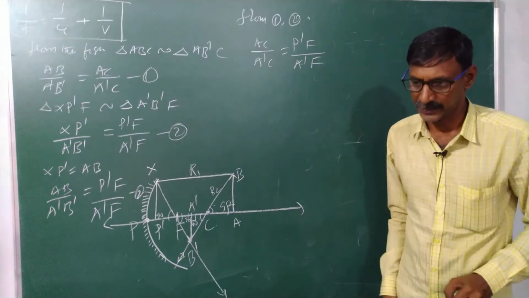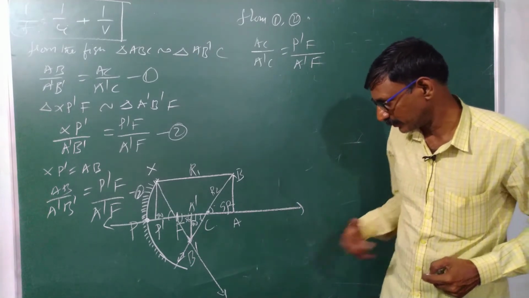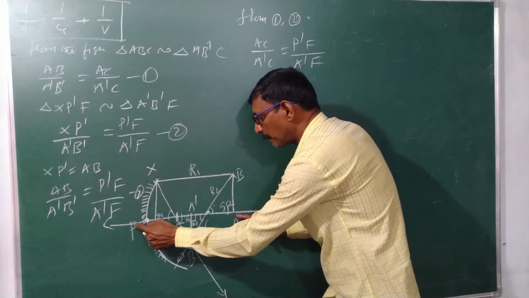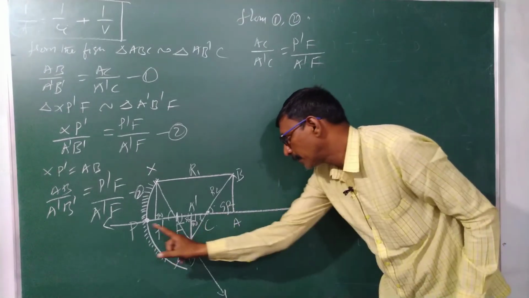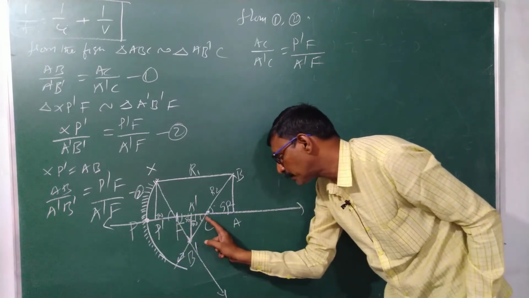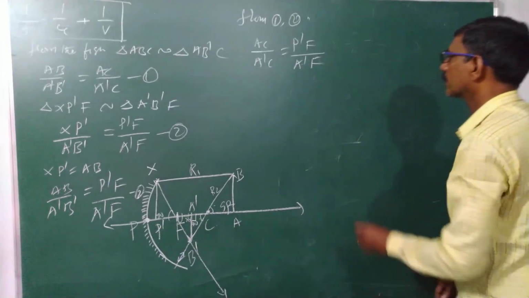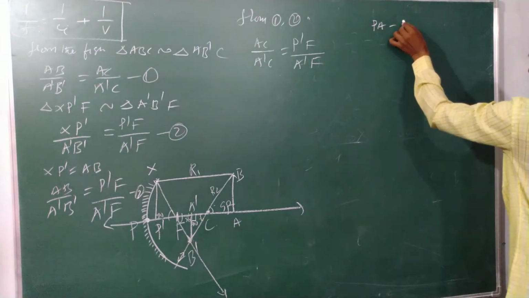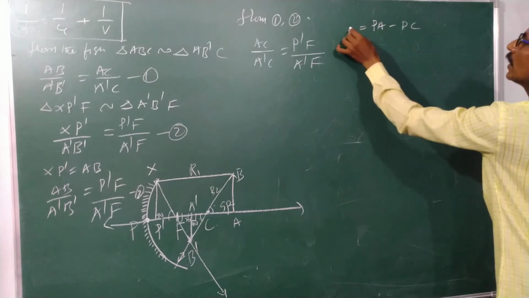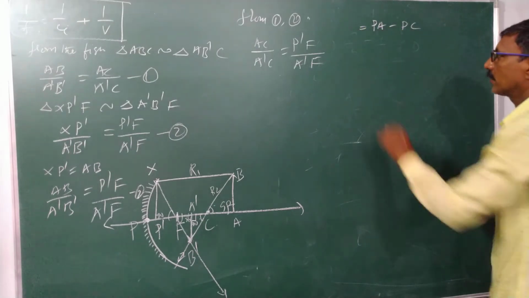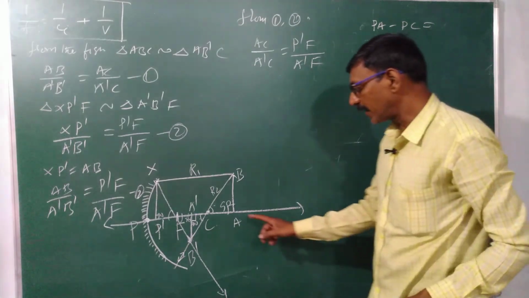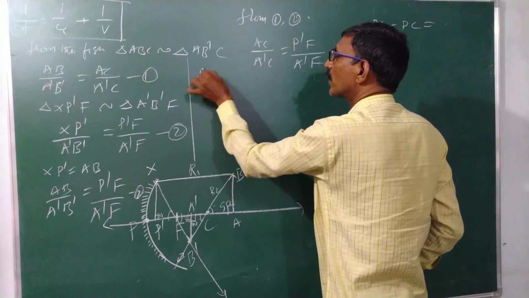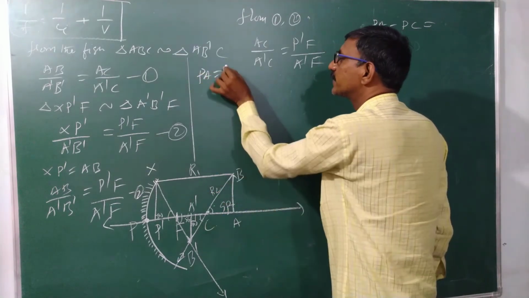Okay. First we will go to AC. What is my AC? This is my AC. AC is nothing but PA minus PC. PA means object distance, we already discussed, so PA is equal to object distance u.